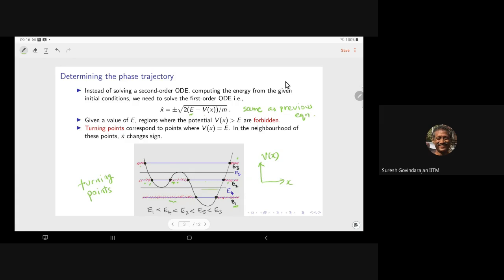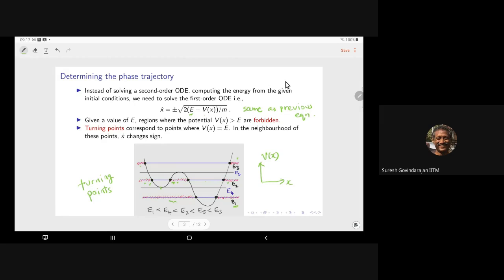Let's look at E4. E4 is special. You can see here at E4, I have not drawn a great job. It's supposed to be tangent to this thing, which is the way I'm showing you with my green line. You can see that, right? What's happening here is that these two turning points collide and meet here. This is a very special thing.